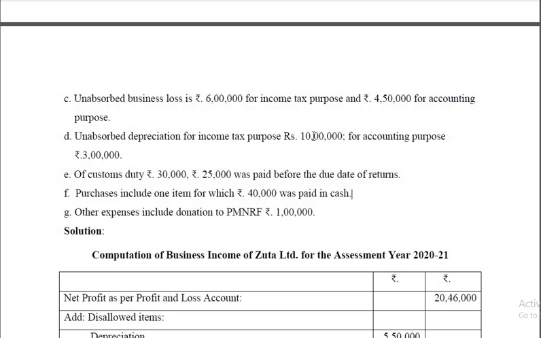As far as unabsorbed business loss for accounting purpose, 4,50,000, that should be compared with unabsorbed depreciation for accounting purpose, 3 lakh. Whichever is less should be deducted while computing book profit. Remember, while computing book profit.